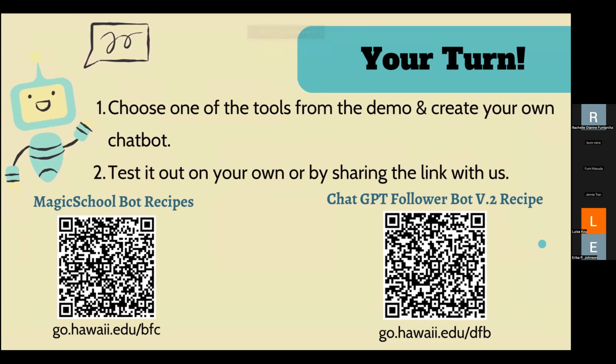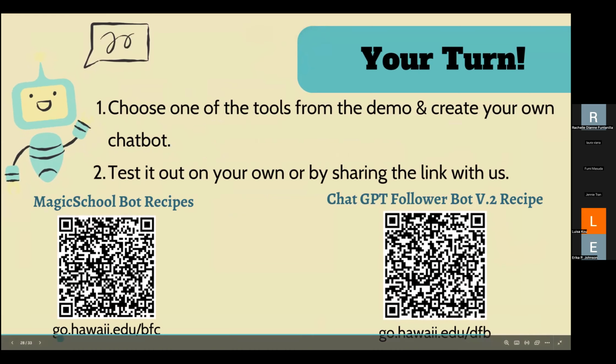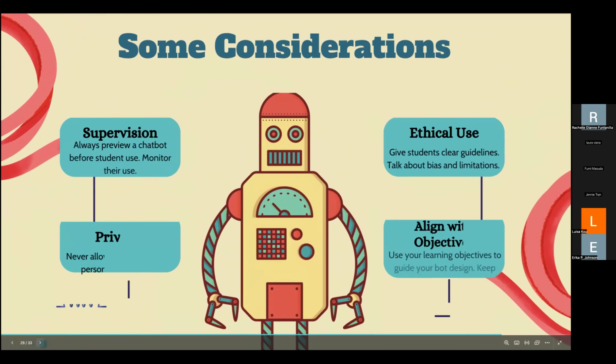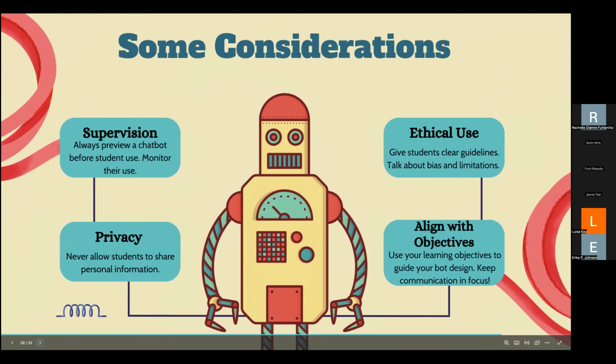Just to make sure I keep us on time, because I know we are running out of time, I did want to mention some considerations. I really would recommend supervision and that you always preview a chatbot before you use it or deploy it to your students. I would also suggest monitoring their use, particularly if you are working with minors, with students who are under 18.